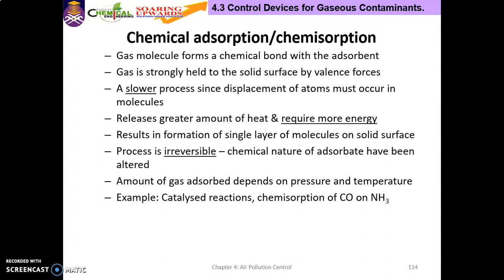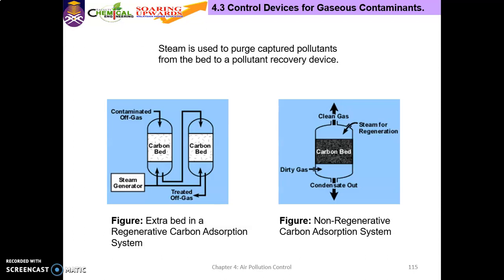So when we have a reaction, of course, it will release some gas or heat and require more energy. So the process is irreversible, and the amount of gas adsorbed depends on pressure and temperature. Okay, for example, catalytic reactions, chemisorption of carbon monoxide and also ammonia.